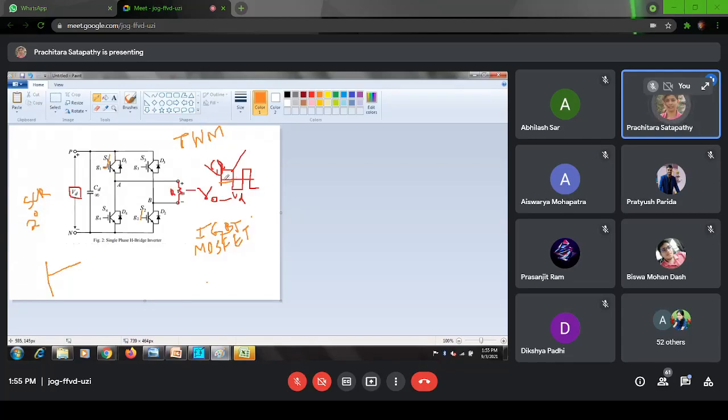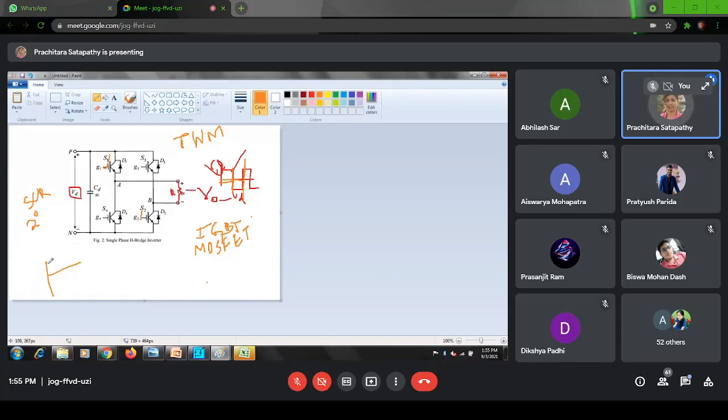Understood? So if this is my one full cycle, 360 degrees, and this is half of my full cycle, yes or no? Yes, ma'am. So half of the full cycle means 180 degrees. So for 180 degrees, G1, G2 will be present. And after that, G3, G4 will be present.